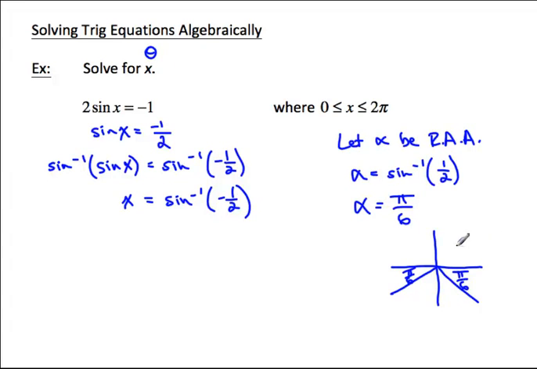And now we ask, what's the principal angle? Well, if we're between 0 and 2 pi, that means we're starting here from our positive x-axis and going counterclockwise to there, and that's pi plus another pi/6. That's a principal angle of 7 pi/6. So x is equal to 7 pi/6.